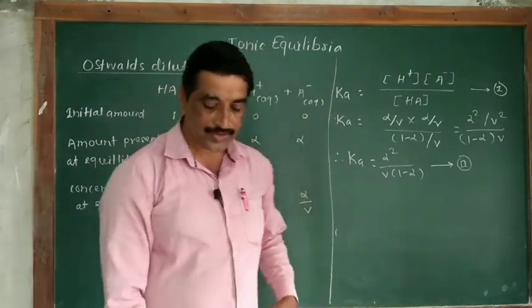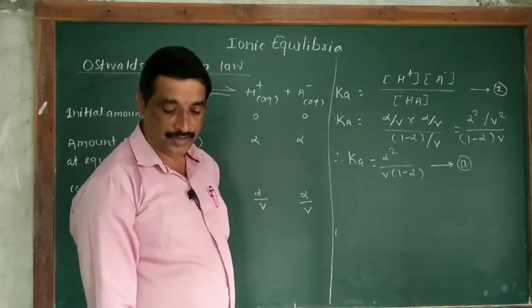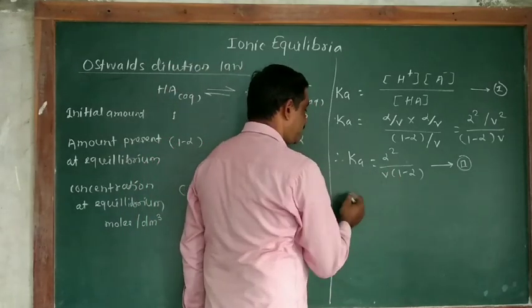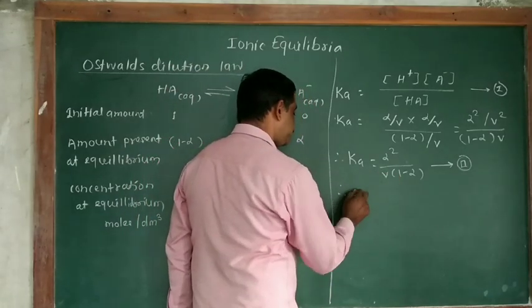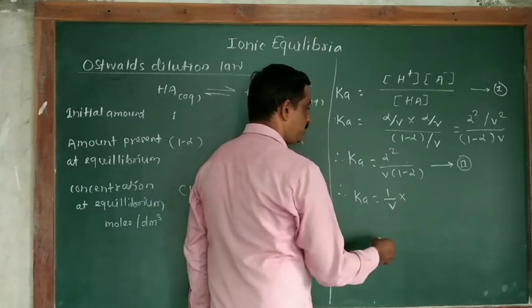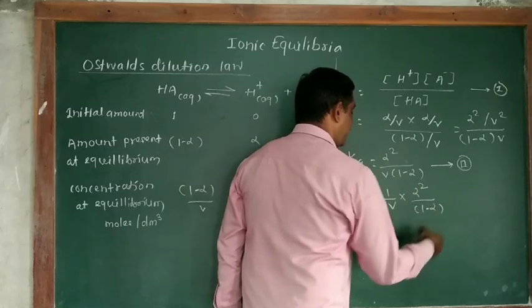So in equation 2, when you consider the term V, it can also be written as Ka is equal to 1 upon V into alpha square divided by 1 minus alpha.